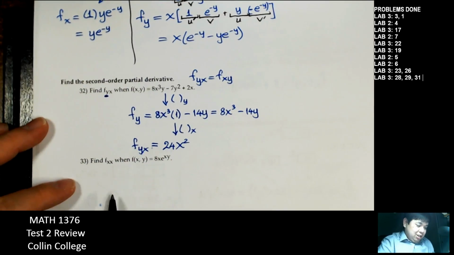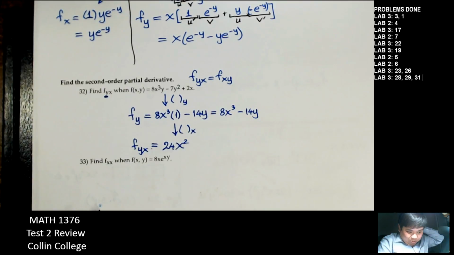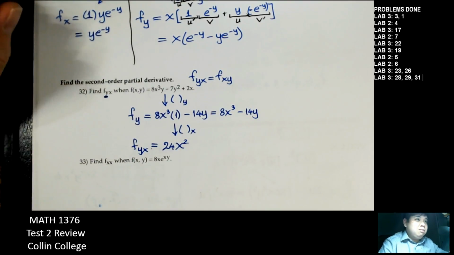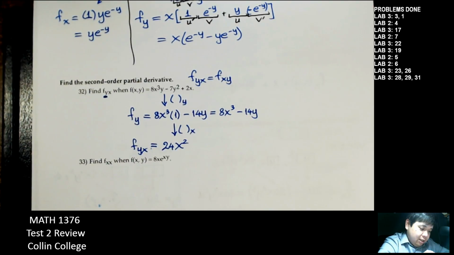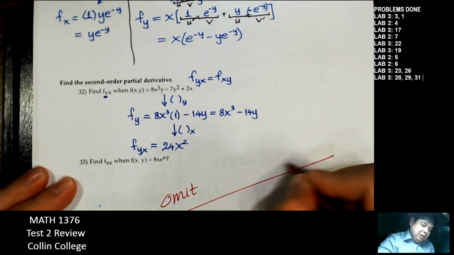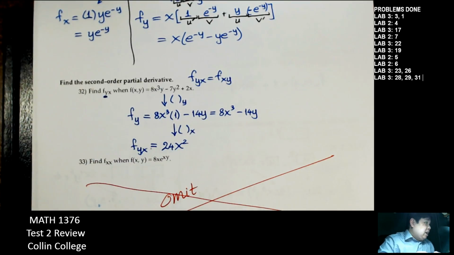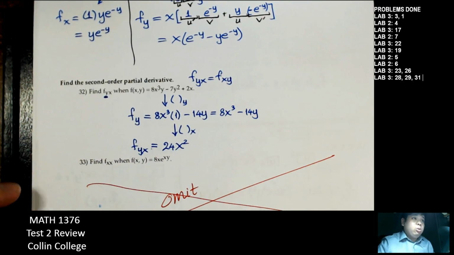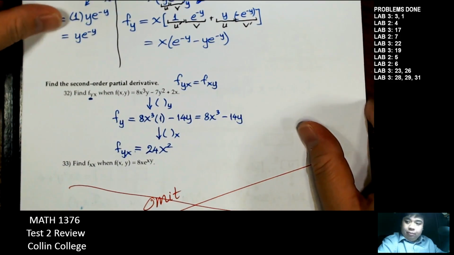33, I think this is... y, that will be better, but we just have to deal with it. In fact, I'll put it in an announcement that we'll skip this one.